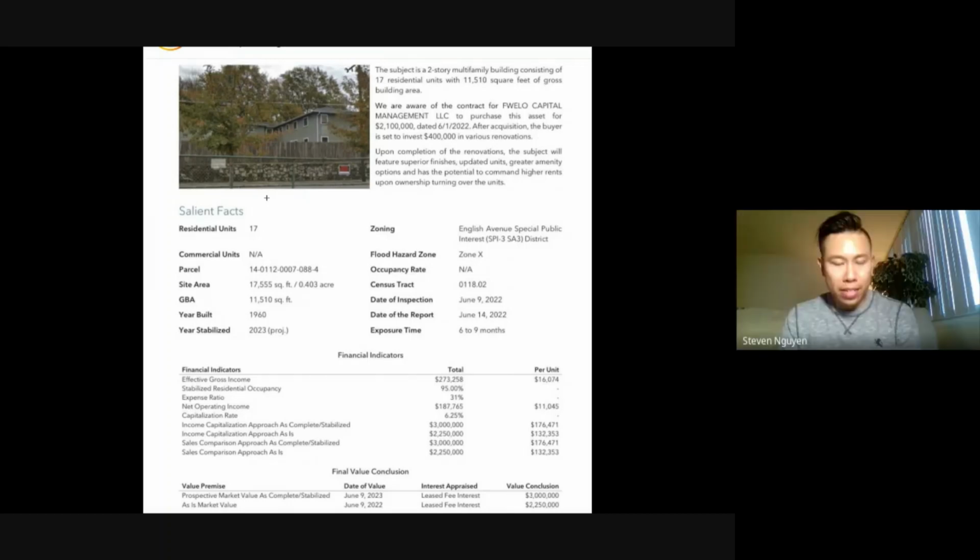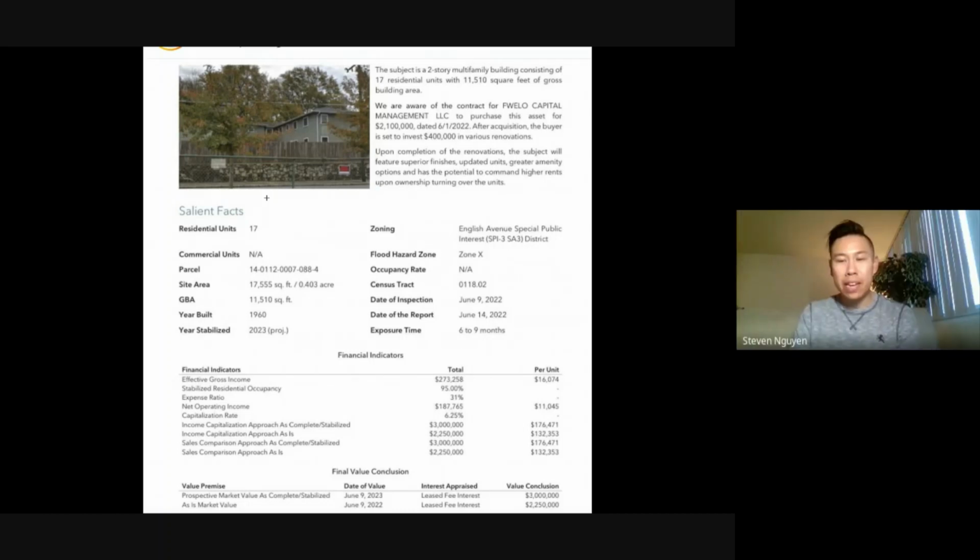But my only concern is I think they fabricated the expense ratio. I don't know how they got that expense ratio of 31%. No appraisal should take that, right? I don't even know how you can, especially for a 17 unit apartment complex. If you're talking 200, 300 units, maybe I would buy it at 30%.